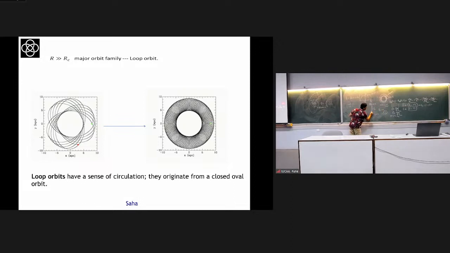This also tells you that the potential of that unseen matter is ln r. Do you follow?